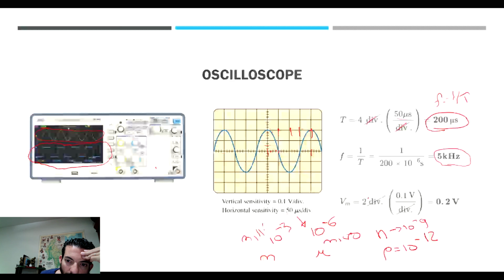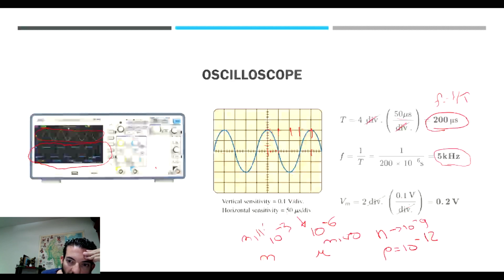Now the amplitude is 2 divisions, peak to peak, right? We only take the positive part to get the amplitude because the wave is symmetric. That's the nice thing about waves, they're symmetric. And we have 2 divisions, at 0.1 volt per division.